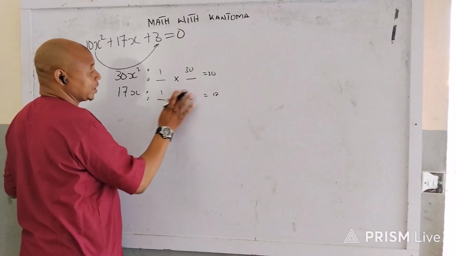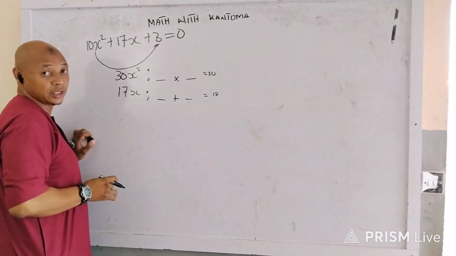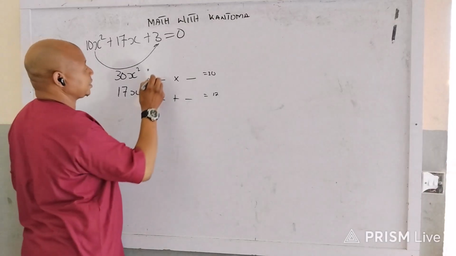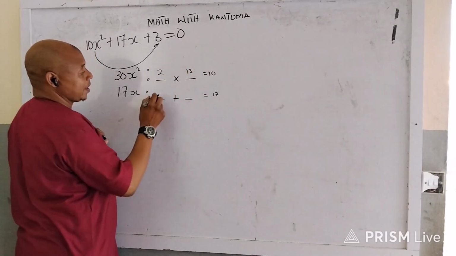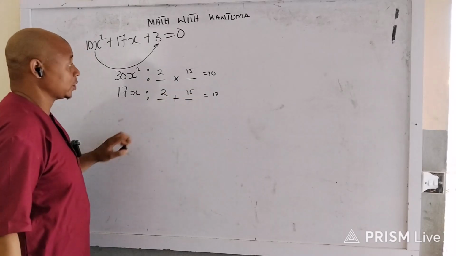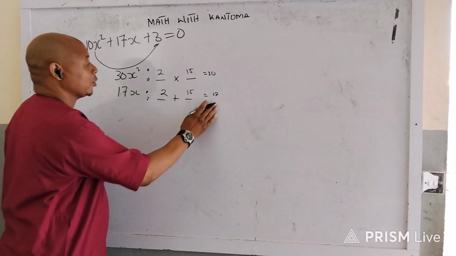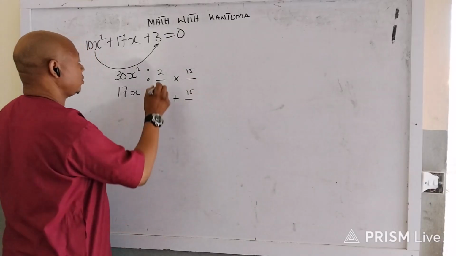So 1 and 30 is also not suitable. But what if I say 2 times 15 is of course 30? And 2 plus 15 will of course give me 17. So 2 and 15 are the corresponding values I'm looking for.